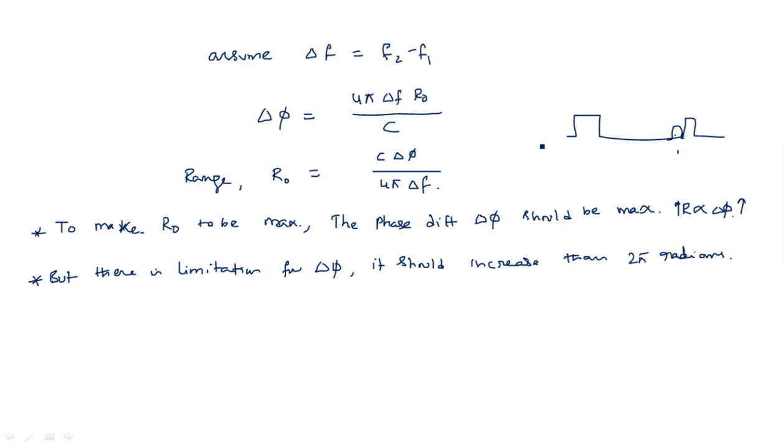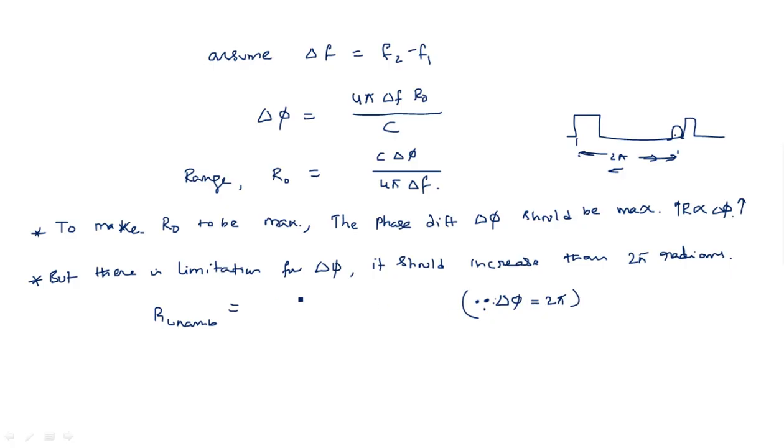So to keep the target information in the unambiguous range, delta phi should not exceed 2 pi radians. The unambiguous range is obtained by taking delta phi equal to 2 pi radians.